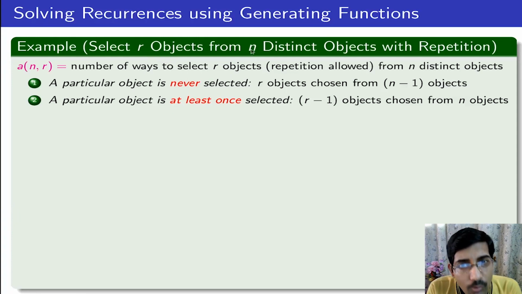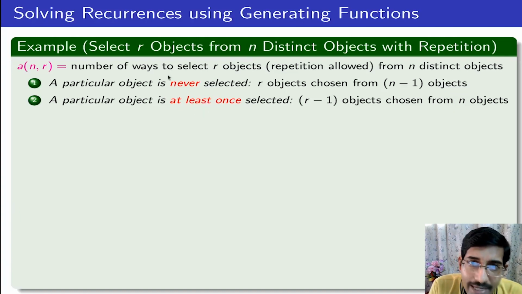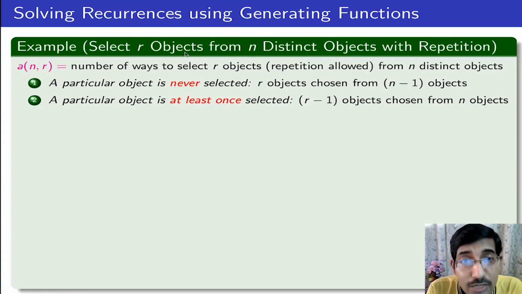That I take one particular object always, or at least once, in my combinations. In that case, for the remaining R minus 1 objects, I need to choose again from n, because I am allowing repetition. If I hadn't allowed repetition, then I would have to choose from n minus 1. But I have allowed repetition, so again those n objects I can choose from. At least once that object has been taken, maybe more than once.